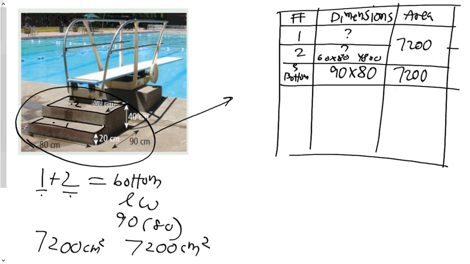And for 1, if this is 90 and this is 60, this would be 30, correct? If I write 30 right there, that's 30 by 80, so it would be 80 by 30, which is 2,400. And if I added those together, 4,800 plus 2,400, I would also get 7,200. So we know it works. It does work, okay? So that's the 1 and the 2.